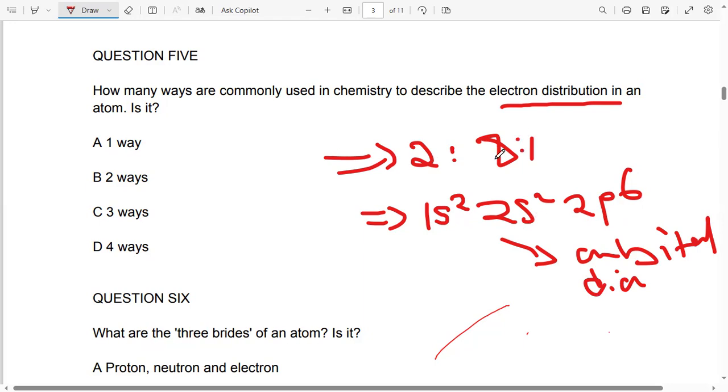The first one is the traditional electron configurations, and the other one is where you use orbital diagrams, or you use the specific orbitals in which these electrons are found. So you mainly have 2 ways. Are there any questions there?